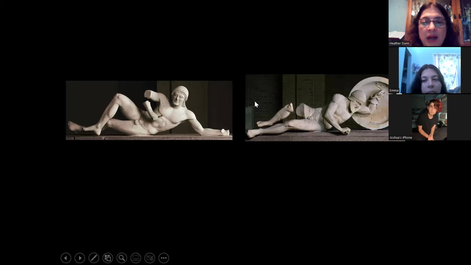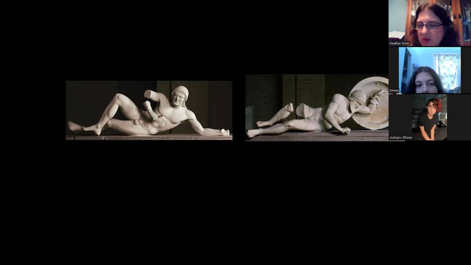Then we flip to the other side of the temple and we see the same situation, where he originally held a sword that was stabbing him, but we don't have this weird archaic smile anymore.